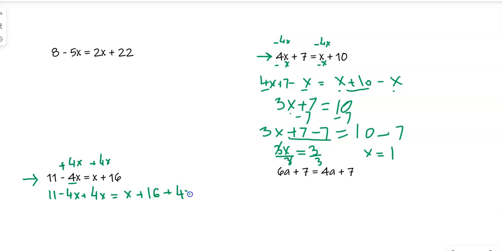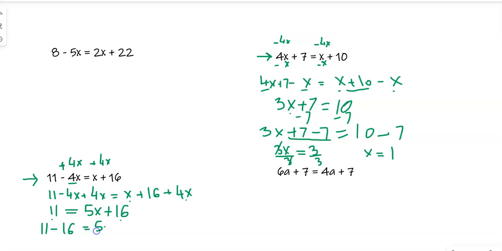Before we move on, we're going to simplify. So here we have 11 minus 4x plus 4x is 0. That equals x plus 4 x's. We have 5 x's altogether and plus 16. Now we want to get rid of the 16. So we're going to subtract 16 from both sides. 11 minus 16.